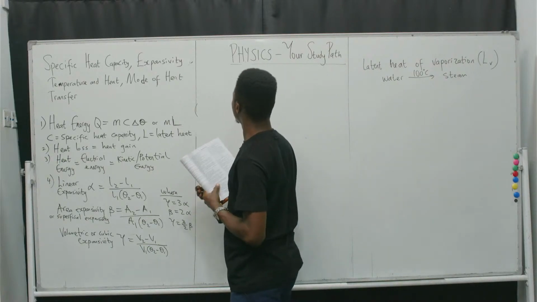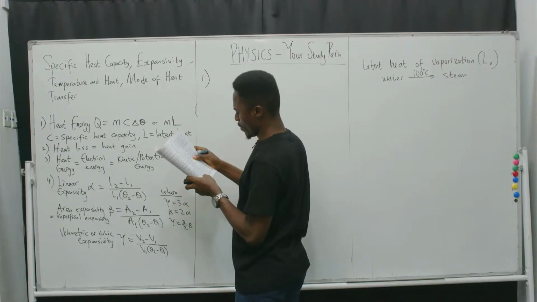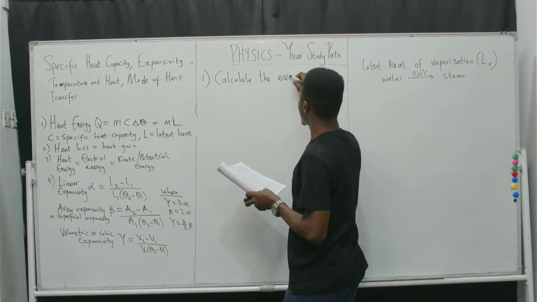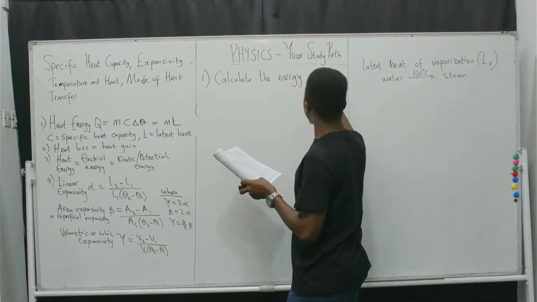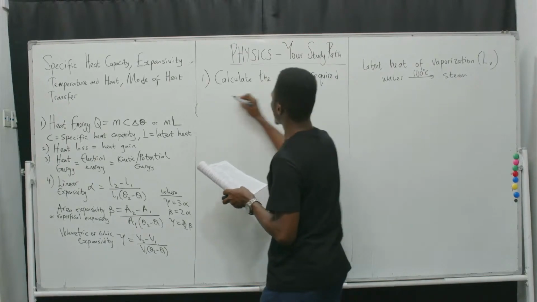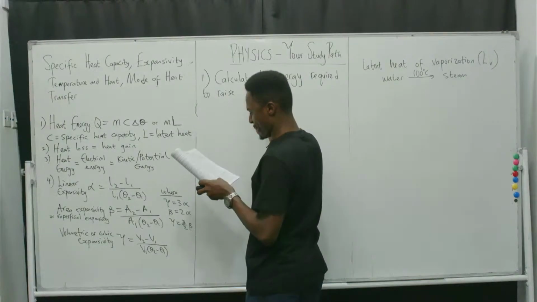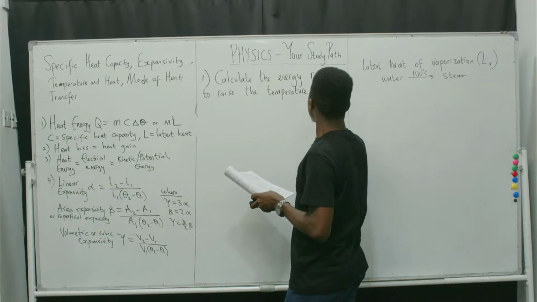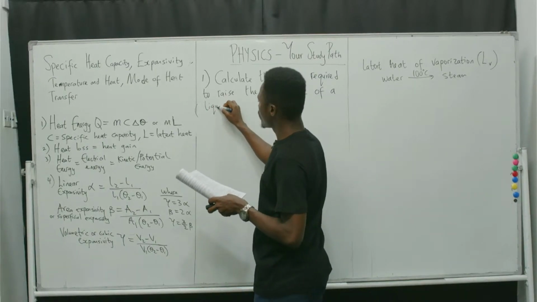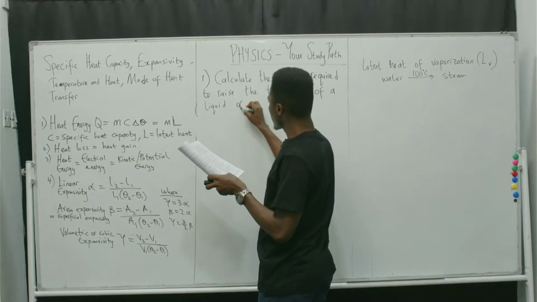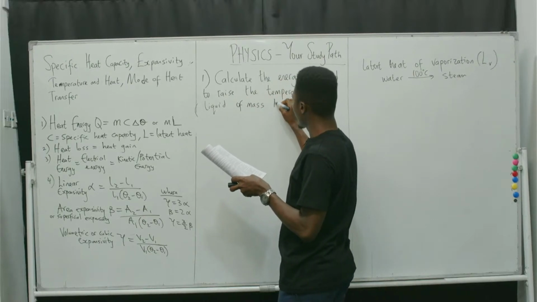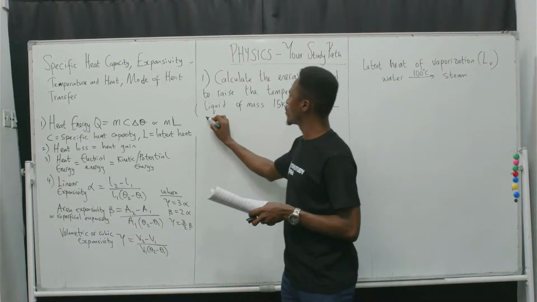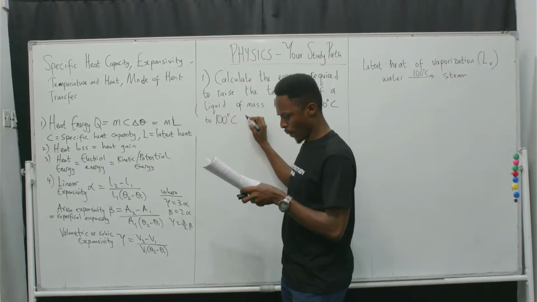Number one, calculate the energy required to raise the temperature of a liquid of mass 15 kg from 50 degrees Celsius to 100 degrees Celsius.